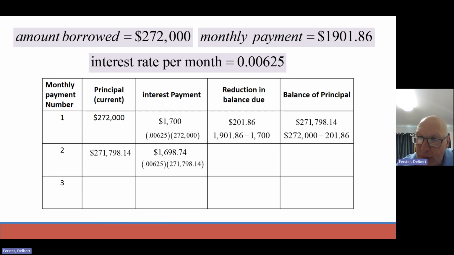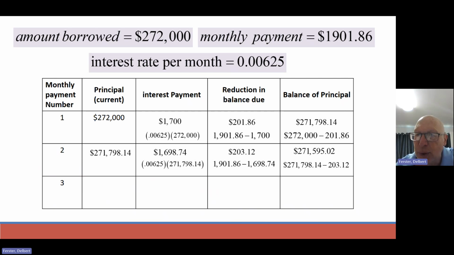That leaves the difference from 1901.86 to 1698.74 to be the amount that reduces his obligation to the bank. So his principal is diminished by $203.12. So his new principal is going to be the $271,798.14 diminished by $203.12.